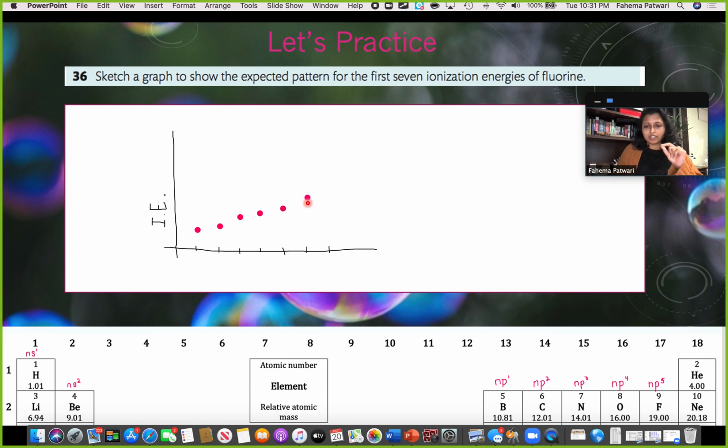So we draw that dot, we place it just a little bit higher, right? And then the 7th electron will continue to show the same pattern. So we see a regular increase overall, but there's a slight jump whenever you're trying to take an electron from a full or half full orbital or sublevel.